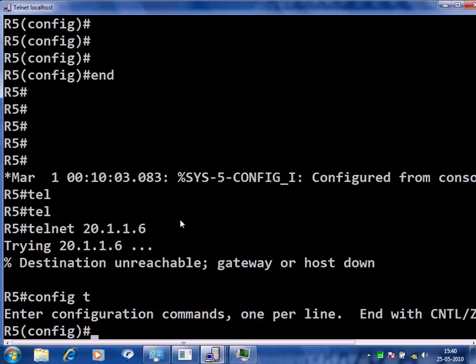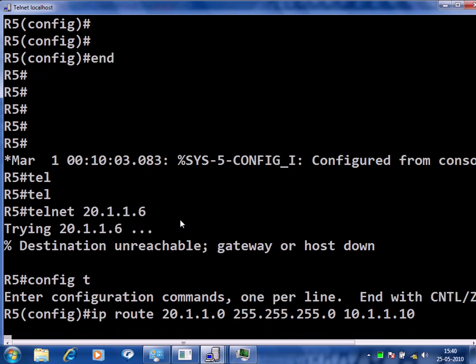So how to define the route over here? In the router, ip route 20.1.1.0 towards 10.1.1.10.